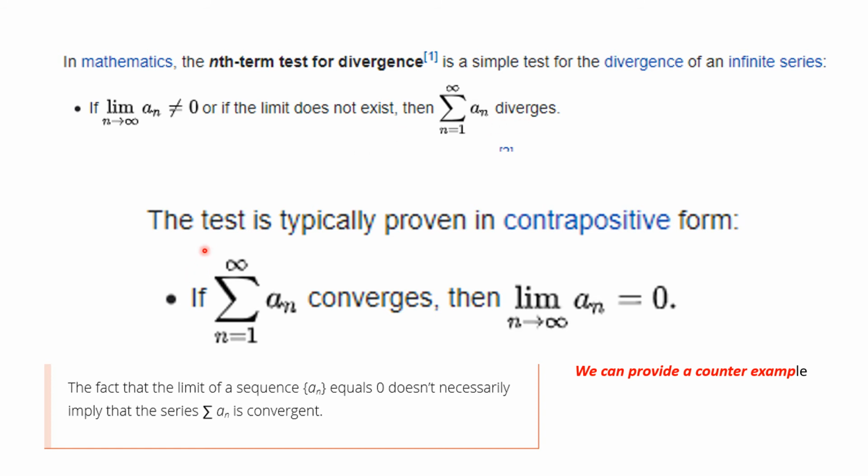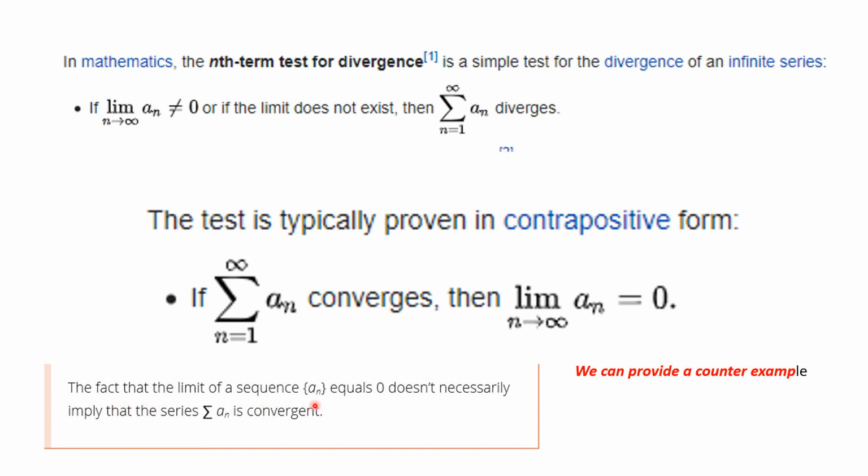Now this test is typically proven in contrapositive form. That means we have the if part and the then part, but we say if this converges, so it's if the negation of this, then this limit is equal to 0.